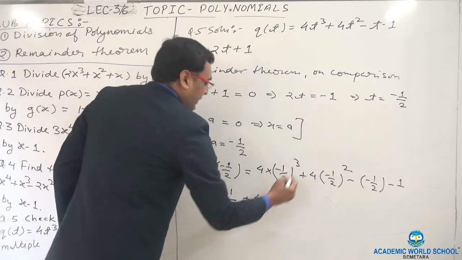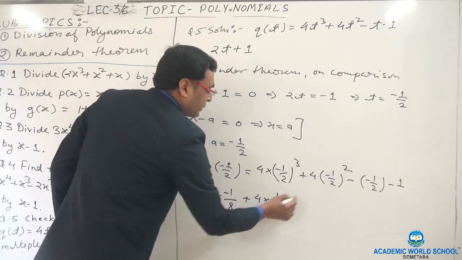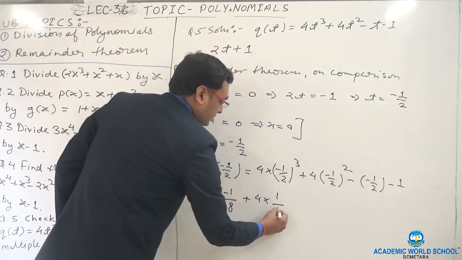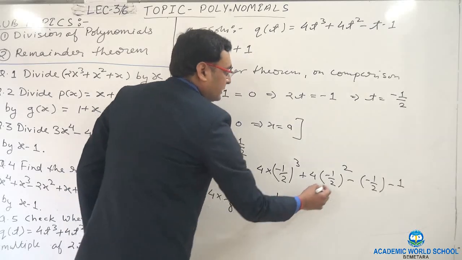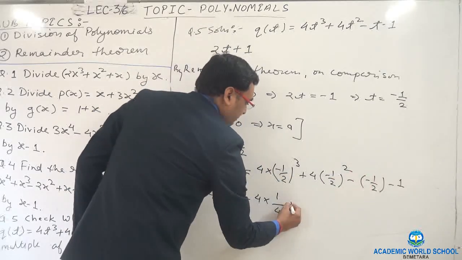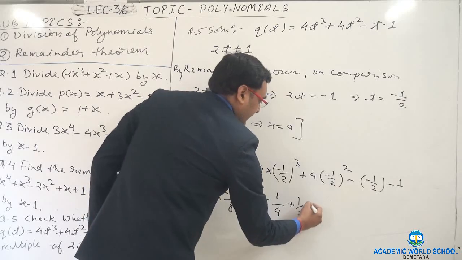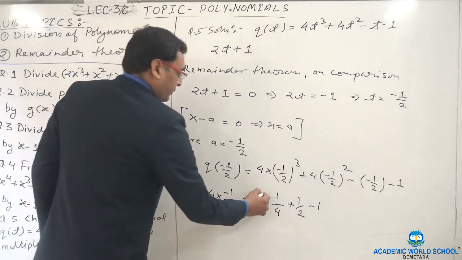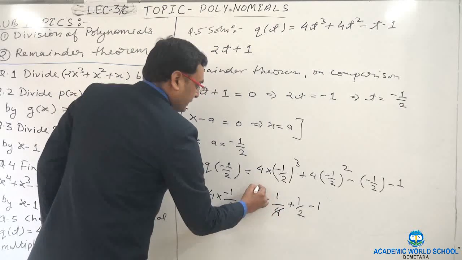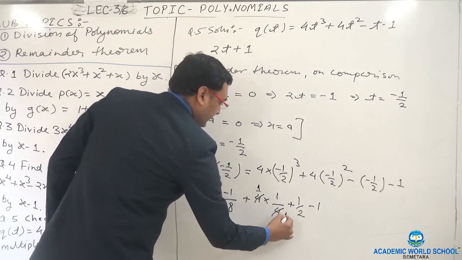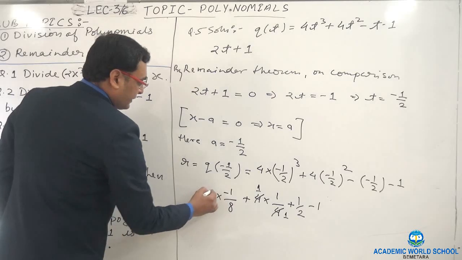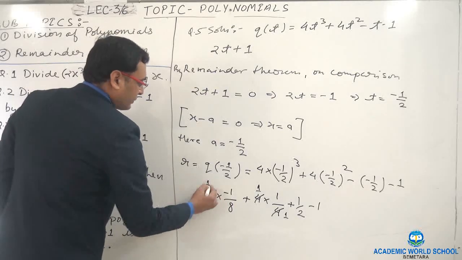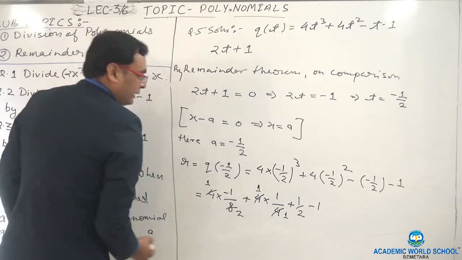So minus 1 square is plus 1 upon 2 square is 4. Further solve it. Minus into minus 1 is plus 1 upon 2 and minus 1. This 4 and 4 will be divided. It will be 1 and 1. This 4 and 8, we can divide them. 4 1 the 4, 4 2 the 8.